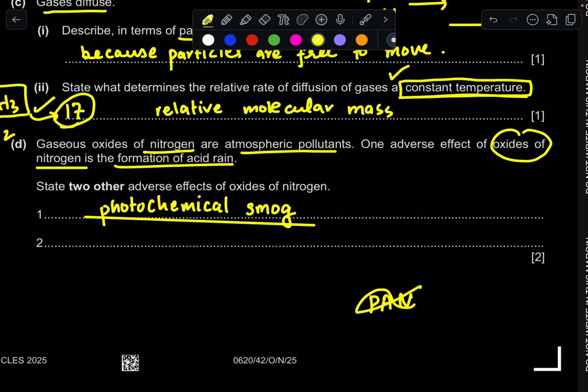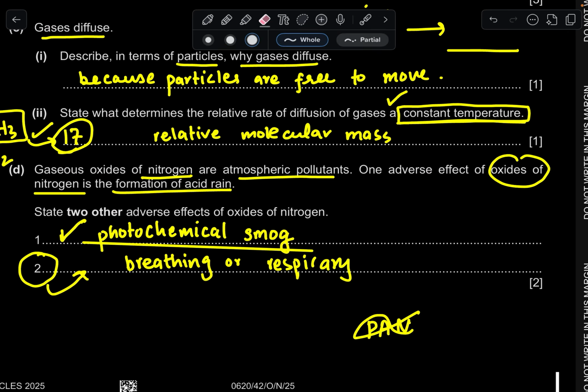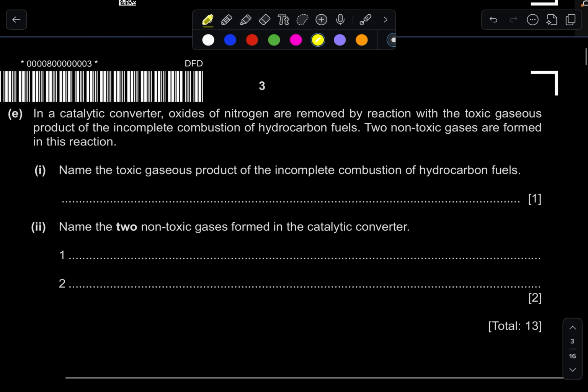Just remember that oxides of nitrogen react with unburned hydrocarbons to form components of photochemical smog. And the second thing we can write about is breathing or respiratory problems, which are going to be caused by your oxides of nitrogen.